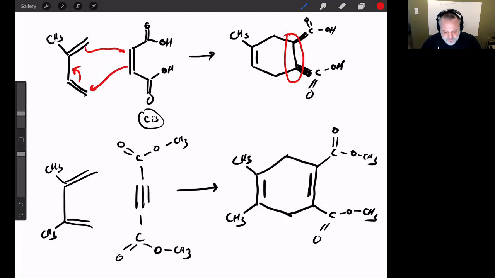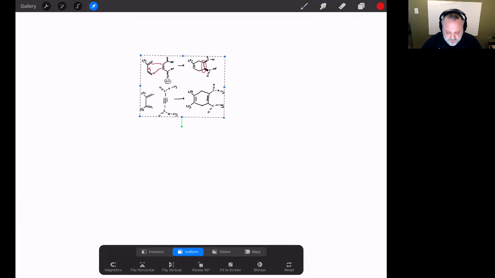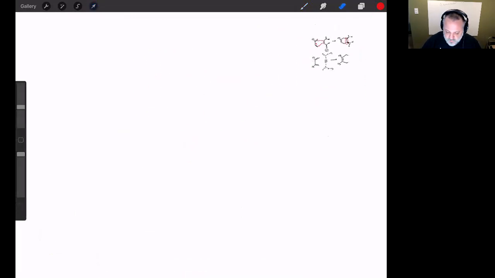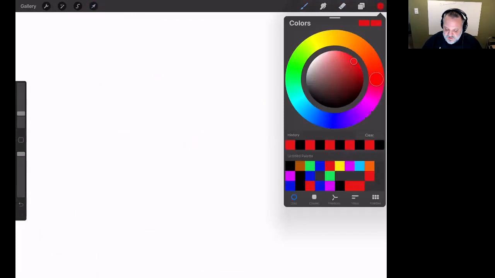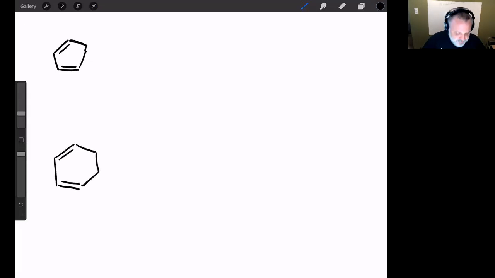Okay, there are some pretty interesting situations with Diels Alder reactions, though, that can go on, and that's that the diene can be a ring. Now, remember that the diene has to be locked in the S-cis position, and so rings meet that requirement, and so oftentimes we show a six-membered ring and a five-membered ring as being the dienes.